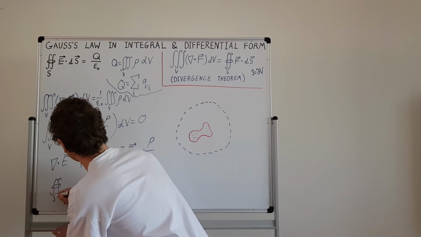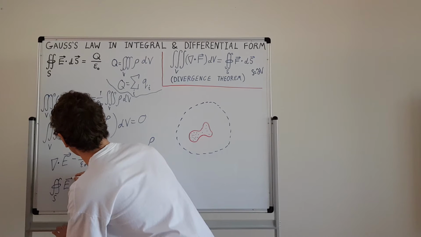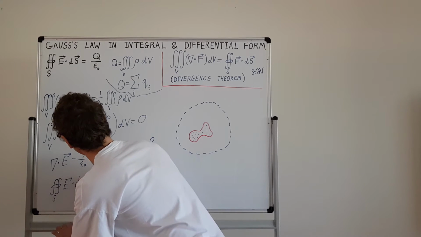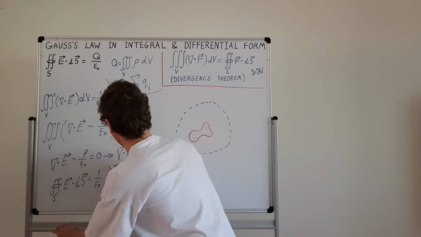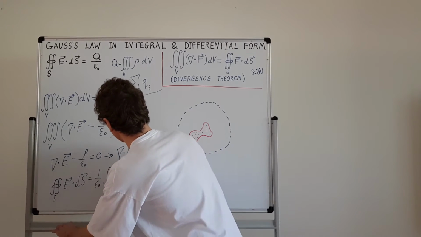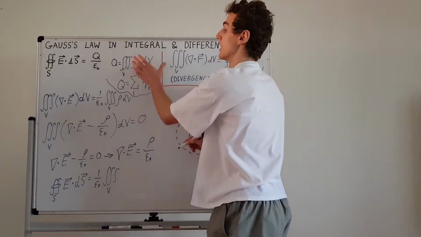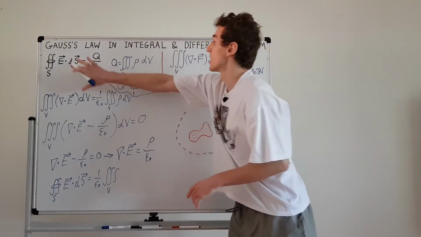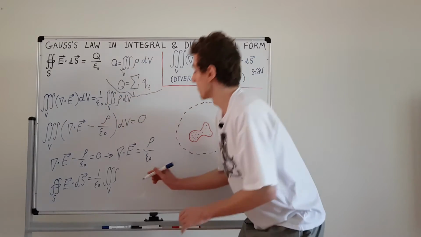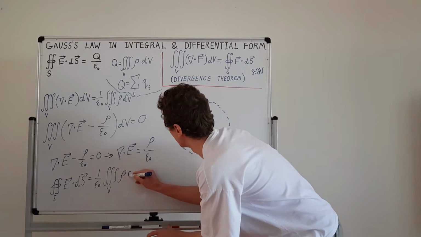You could do this. So I'll write this down. We have the electric field is equal to 1 over epsilon naught, and then we have this volume integral. So I could have actually written that up here when we were setting these guys equal to it, but my goal was actually to convert this integral into this guy. So I'll write this in full down here.